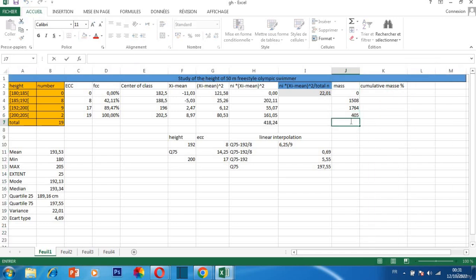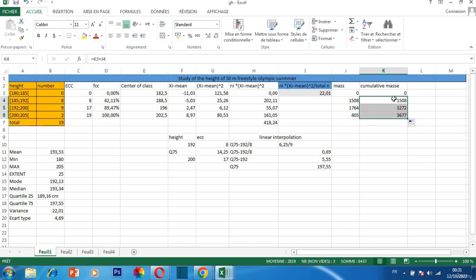So to calculate the cumulative mass, here we have 0, here we have this one plus here, equal to, and we generate that.